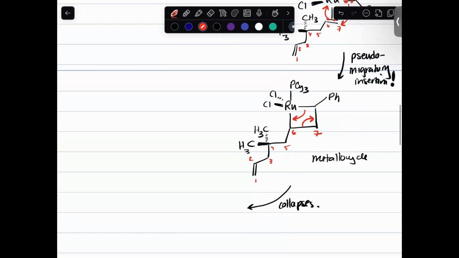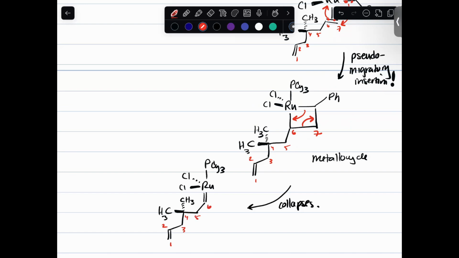So if you follow your arrows, what you will see is the following. Let me continue to number this.